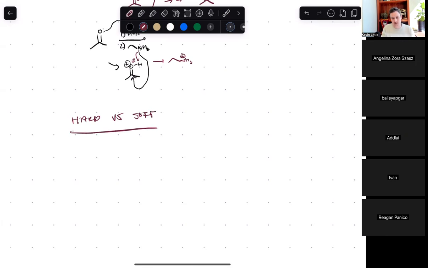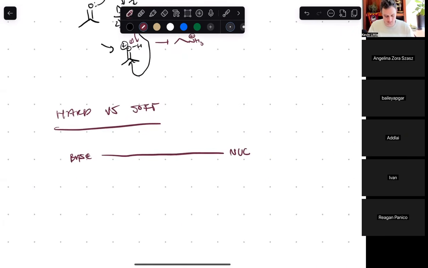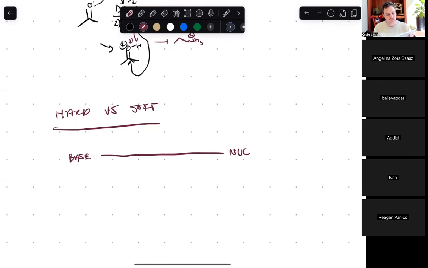So this is a recurring idea, right? If there's a spectrum between something being a perfect base and something being a perfect nucleophile, this is a spectrum, right? A base and a nucleophile are similar in that they're both electron donors, but what they give their electrons to is different.